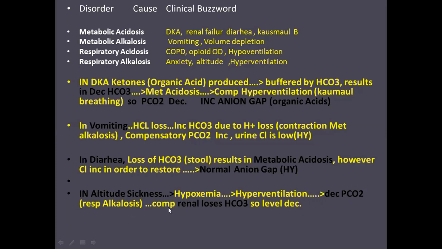Then there is renal loss of bicarbonate, a delayed response, so the level decreases. That is how altitude sickness results in respiratory alkalosis, all because of hyperventilation and decreased partial pressure of carbon dioxide.